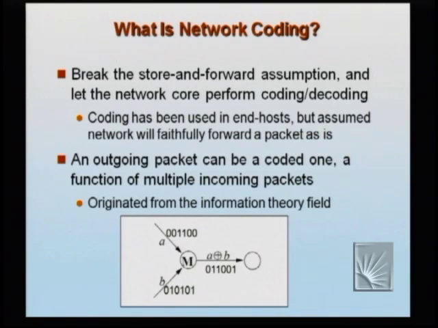I call this a mixer. It can mix these packets together and send out a single packet. I use a very simple function, the exclusive OR operation. Basically, packet A exclusive OR packet B, so we generate another binary bit sequence.